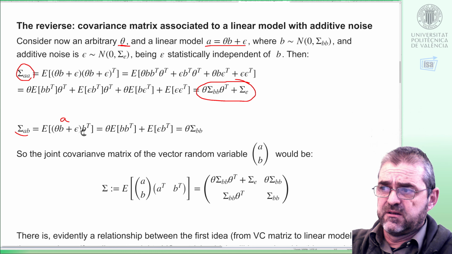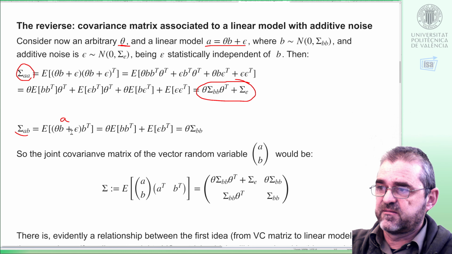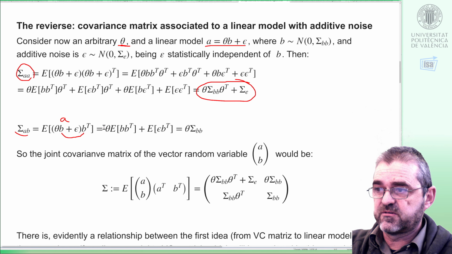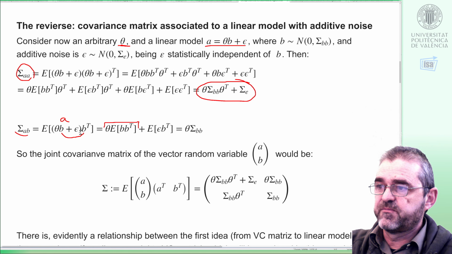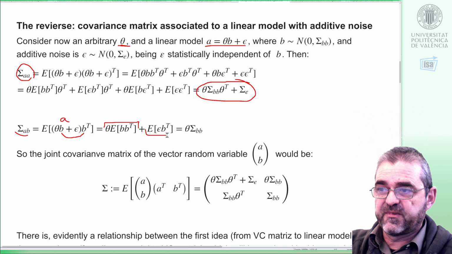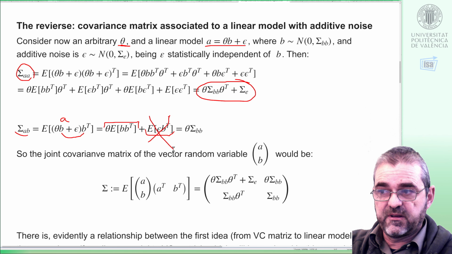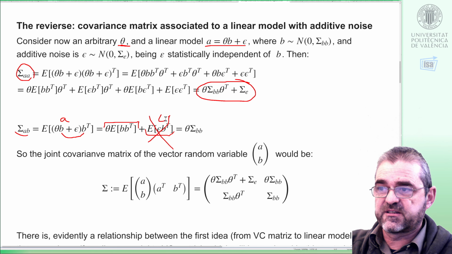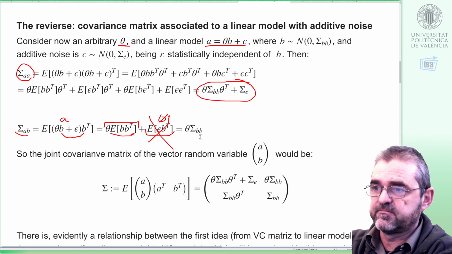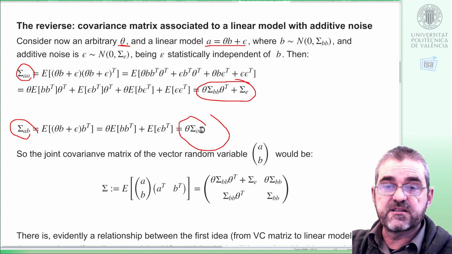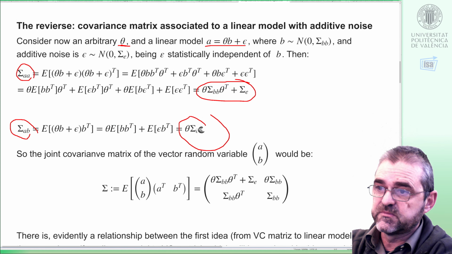If I take out this product, then I get theta B B transposed, this term, and epsilon B transposed, this term, but independence of the additive noise lets me delete this thing. So only this remains. This is 0, and this expectation is the variance of B. So there it is. Covariance is given by this expression.